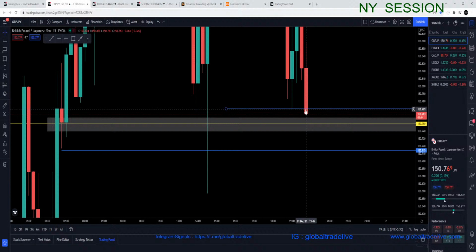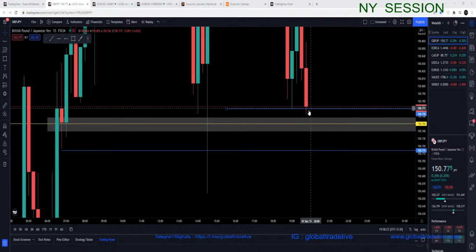Okay, so 30-minute candle over here and 4 hours just broke the low. Now with volume it can push the price down, but only 1 minute left. So I'm gonna wait for the 15-minute candle to close first, and then I'll take a decision.